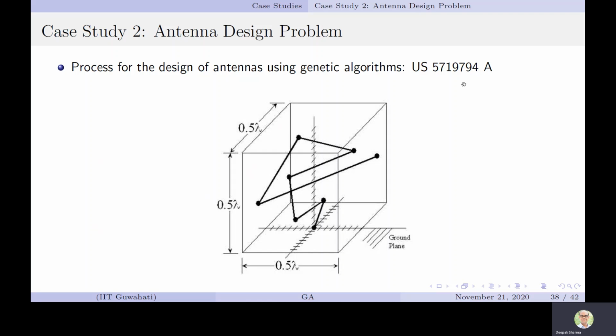Although this design of the antenna may look simple to us, before that we did not have this solution. Everything was done by GA. Only the problem formulation was given to the genetic algorithm. GA solved the problem and gave the best solution, for which we don't know the optima.